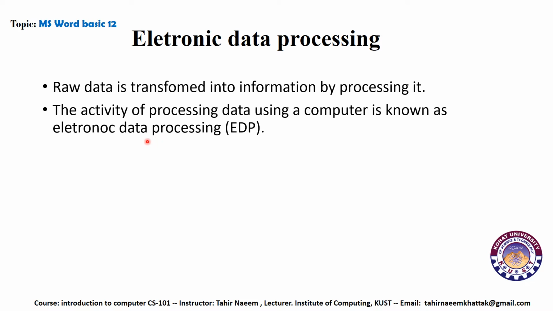If we process the data physically, that is traditional or conventional data processing, where data is processed manually, while electronic data processing represents the processing of data electronically. For example, if I give you a paper, you attempt to solve it in a physical exam and give me back the physical paper, that is conventional data processing.